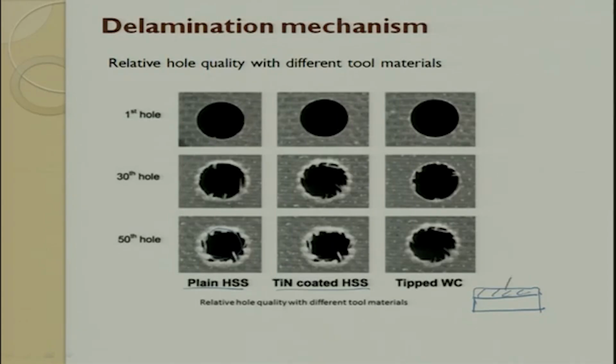If the thickness is high, the delamination at the interface happens, and then this TiN peels off. So, sometimes coated HSS performs poorly on a longer run as compared to the plain one. If you look at tungsten carbide, the tool geometry is not damaged in a big way, so the responses are good up to 50 holes.